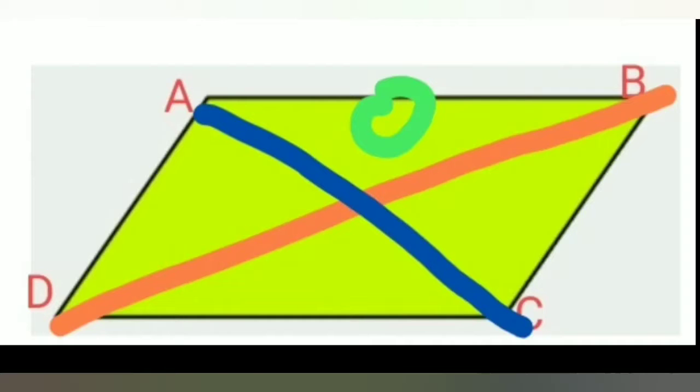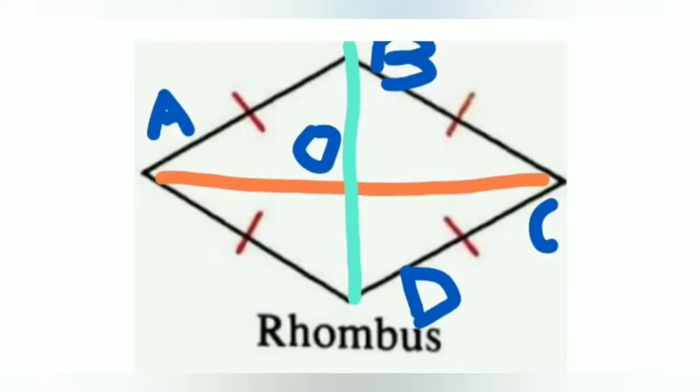Now let's see some special parallelograms. The first one is rhombus. A rhombus is a quadrilateral with sides of equal length, and the diagonals of a rhombus are perpendicular bisectors of one another. See the figure. Here AC and BD both are diagonals.